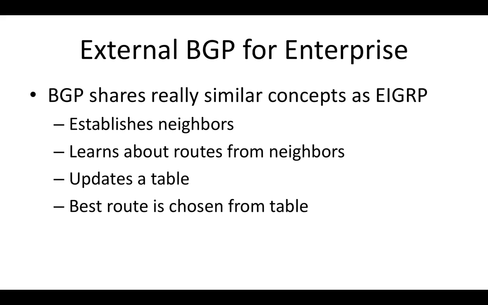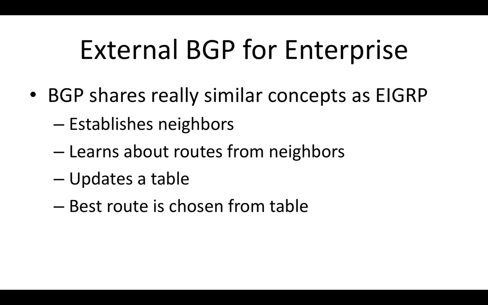It does share pretty similar concepts as EIGRP in the sense that we have to establish neighborship. The difference between EIGRP and BGP is that in BGP, we know who our neighbors are. We have to figure out what their ASN is and plug that into our routers, whereas EIGRP will actually discover the neighbors automatically, but the principle of having a neighbor is still the same.